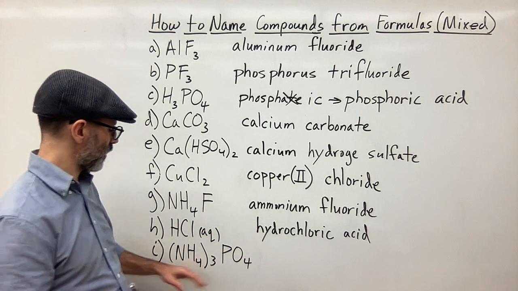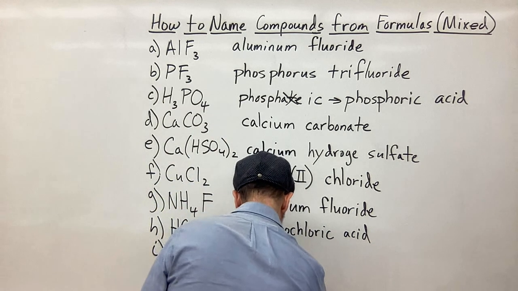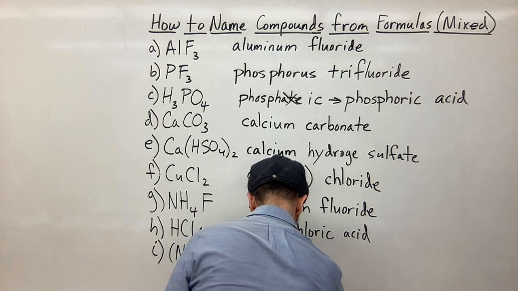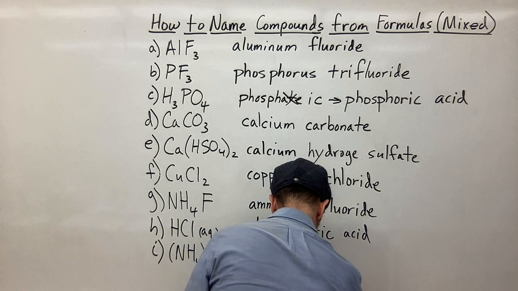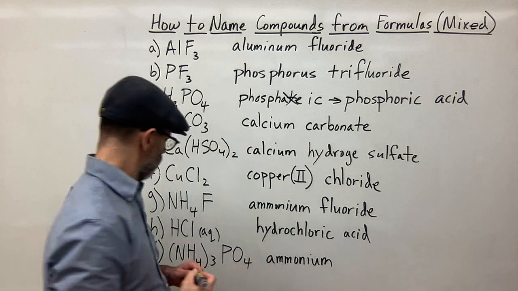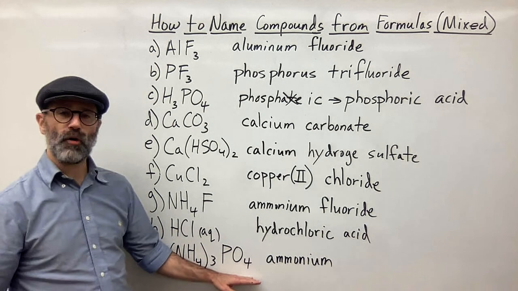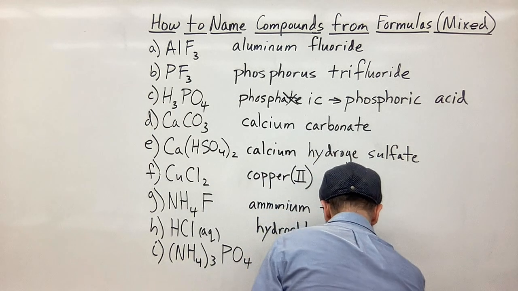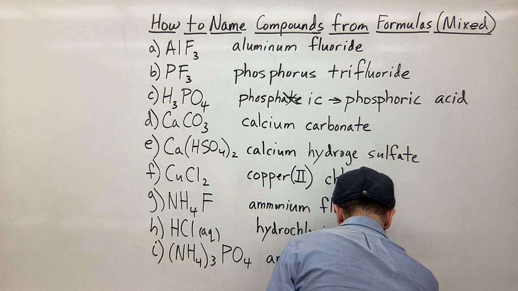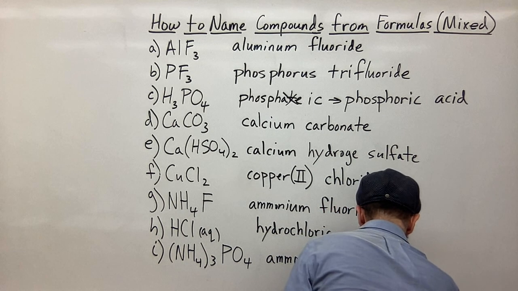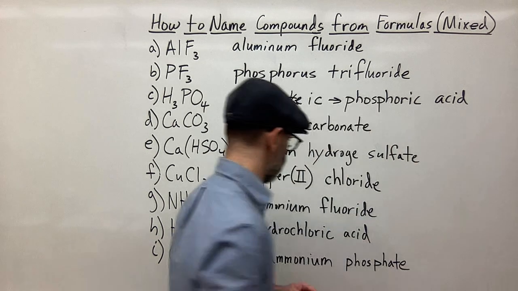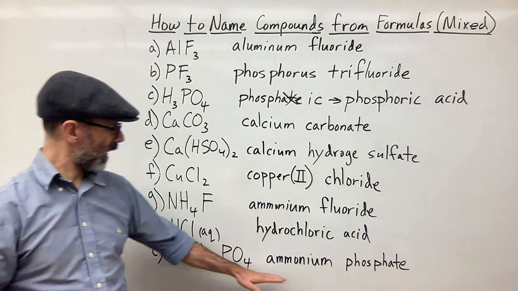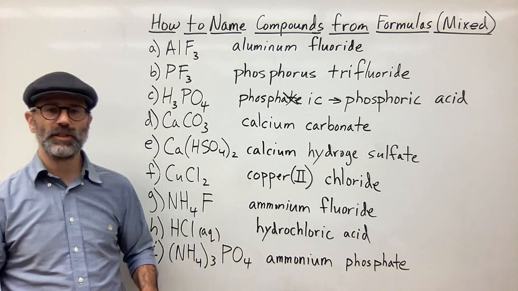So the first one is ammonium. And then we have PO4, that's phosphate. So I'm going to add phosphate. And that's the name of this substance, ammonium phosphate.